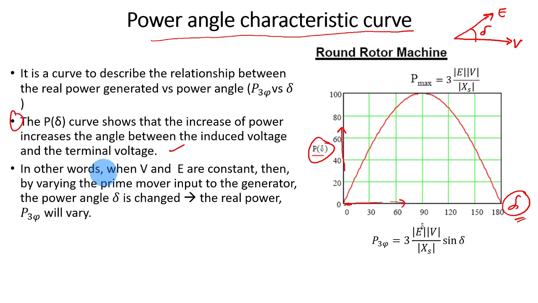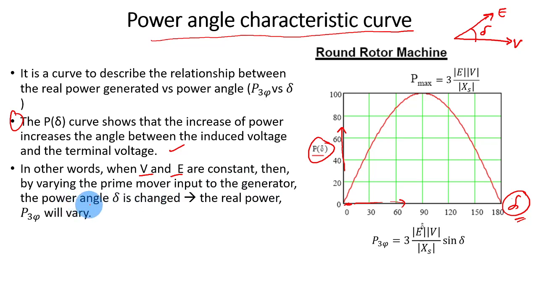In other words, when V and E are constant, if you want to maintain V and E, then by varying the prime mover input to the generator, the power angle is changed. What is a prime mover? For example, the hydro generator, steam turbine or gas turbine.